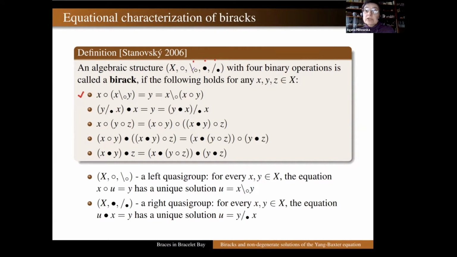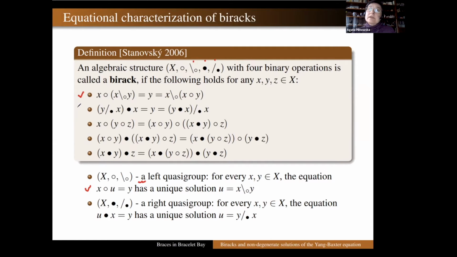The first one means that our structure with the first 2 binary operations is a left quasi-group. This means that each equation of the form x multiplied by u equal to y has a unique solution, which is expressed by the left division.